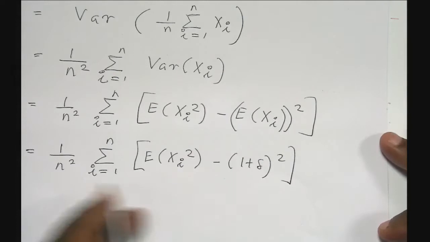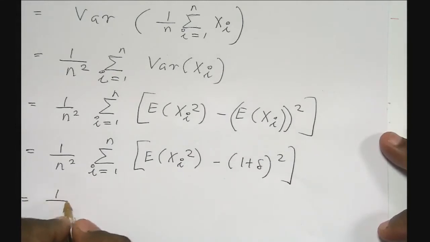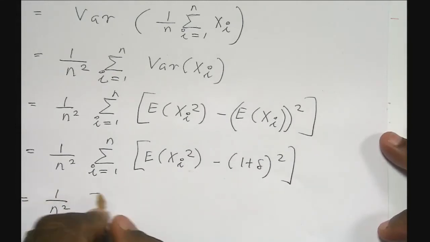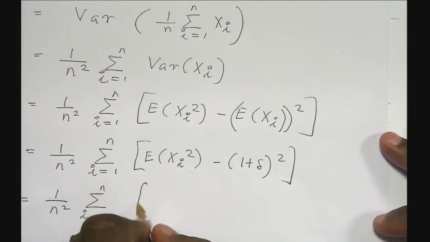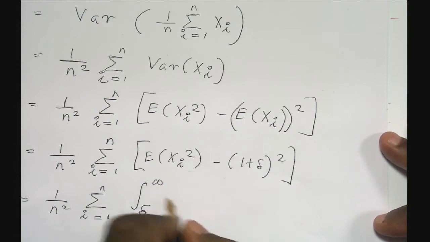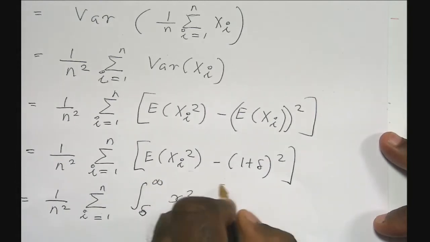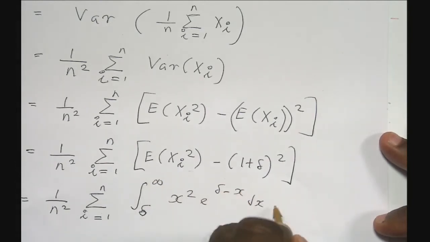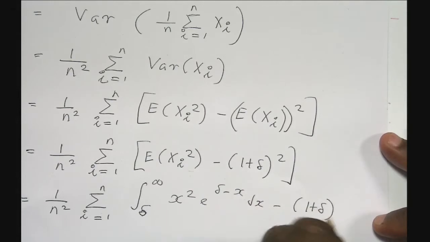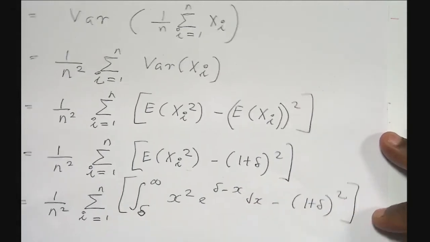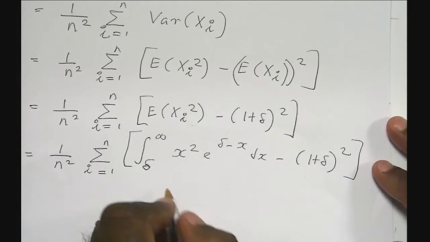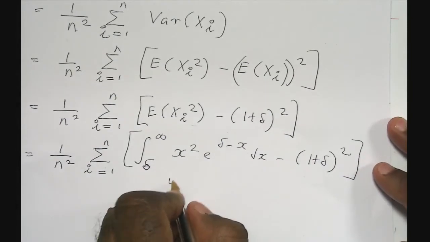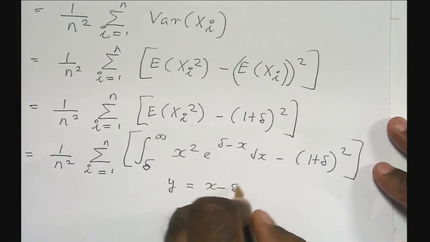All right. Now, you should do the similar calculations for this guy here. You get this, and you should do the same substitution, that is y equal to x minus delta.